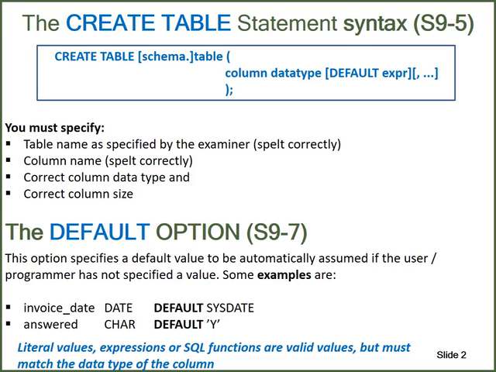So you can say, for instance, create table user1 dot employees or whatever. Then the name of the table, brackets, the column, its data type, optionally default and an expression, and optionally another column, data type, etc. Close the create statement with a bracket and a semicolon.